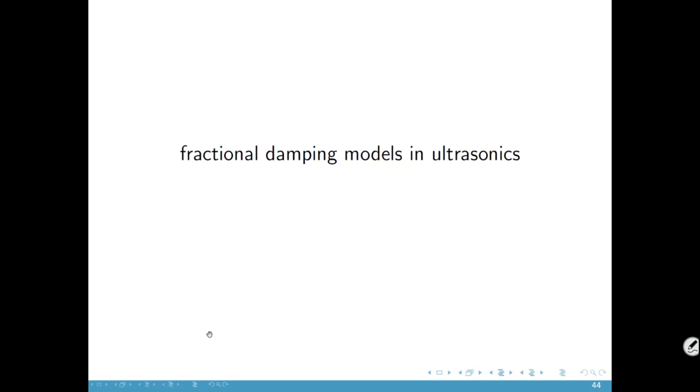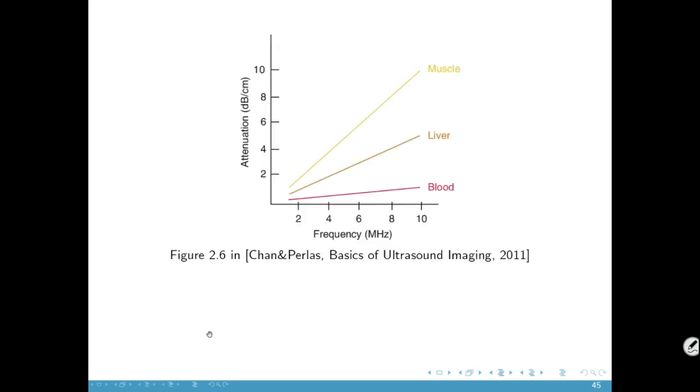It's already been well known for many years that in ultrasonics we don't have strong damping, we also don't have weak damping. It's something in between. The damping depends on the frequency, and the way it depends on the frequency is a power law. It's a power of the frequency, basically, what people can measure.